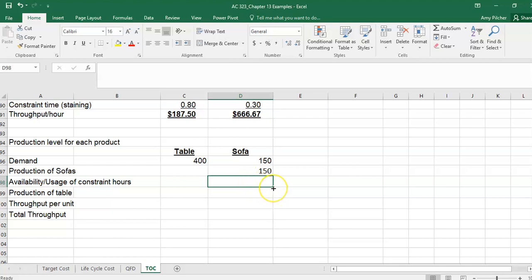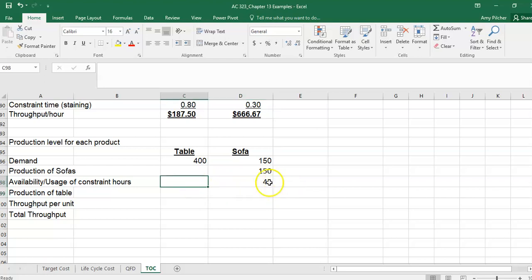This is going to use up, we have 150 sofas times 0.3 hours per sofa. So that is going to use up 45 hours of staining.